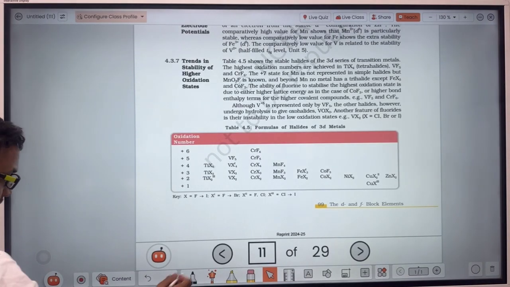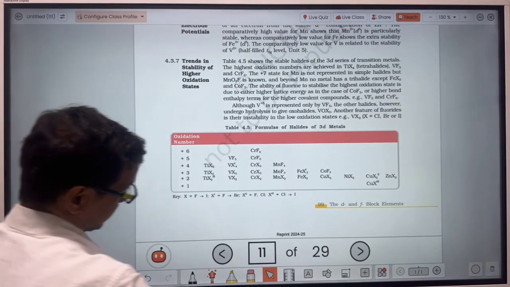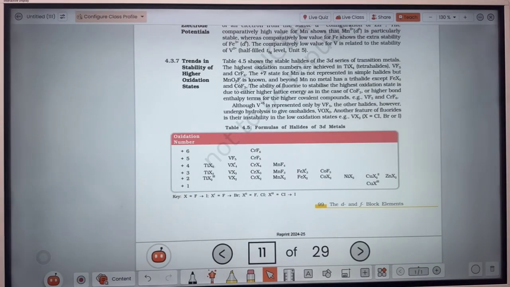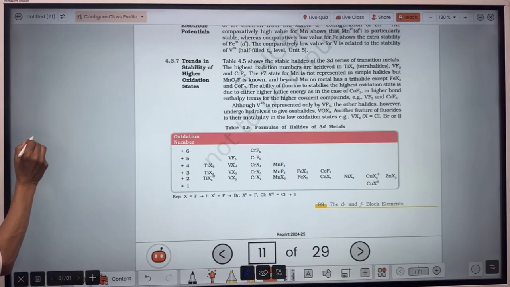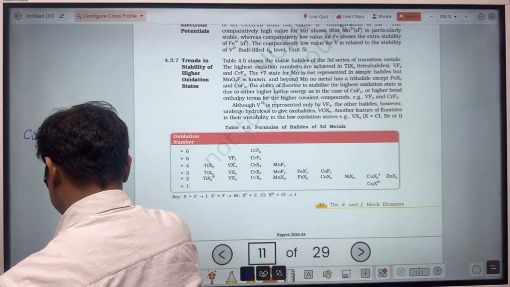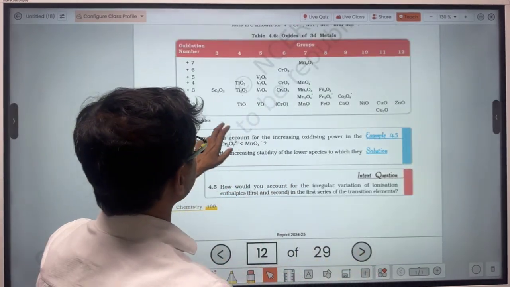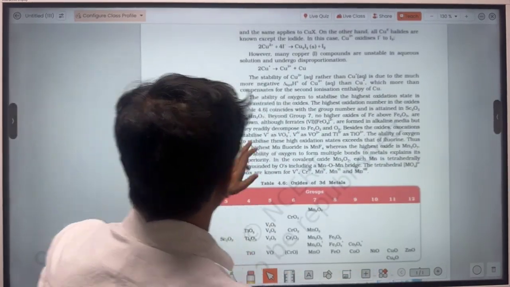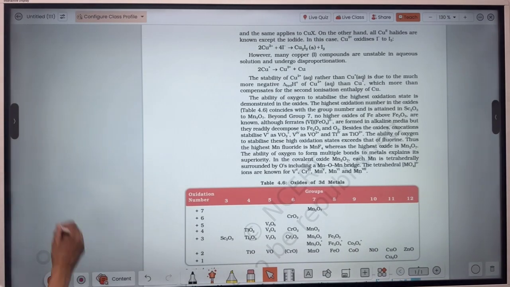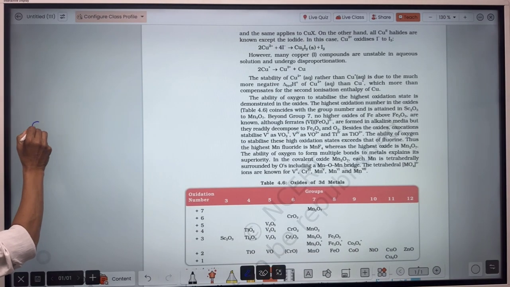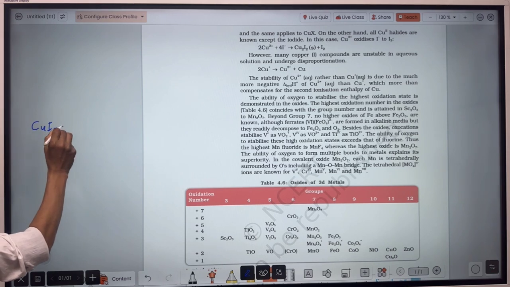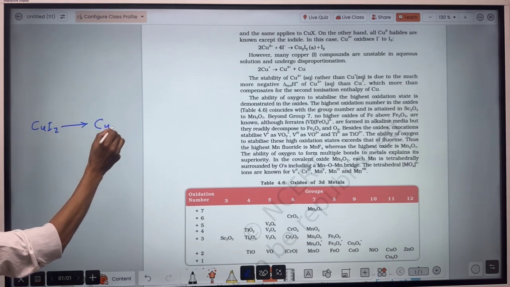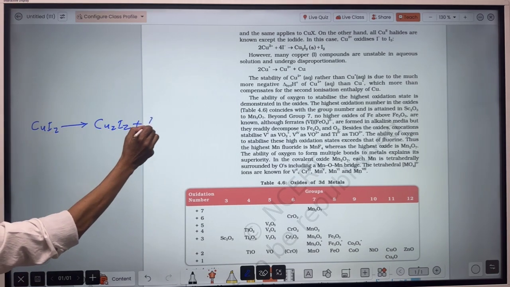And if there be the iodide of Cu2+, that means if there be CuI2, like this one, so it will dissociate into Cu2I2 and I2.